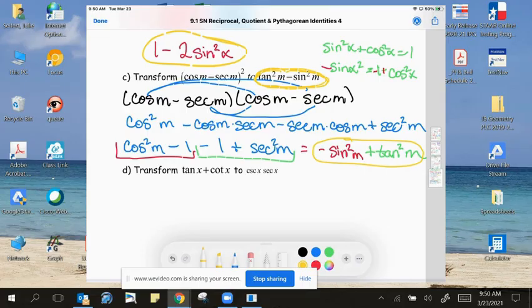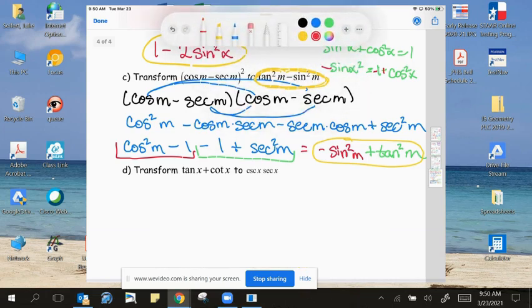So looking at D, left the ones in the problem, then use the Pythagorean identities. If you're converting squared trig functions into different trig functions, look at those Pythagorean identities. Let that hexagon help you.